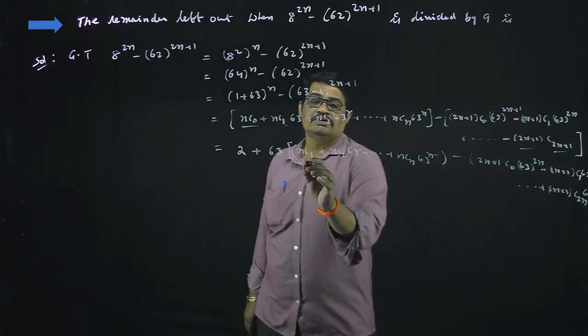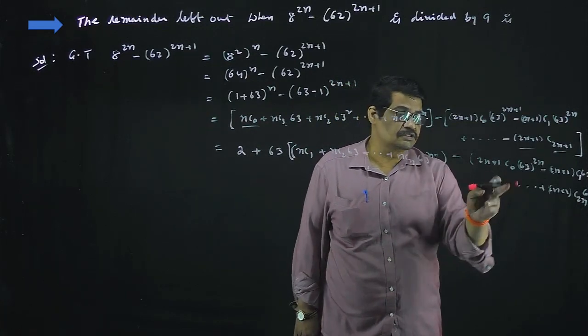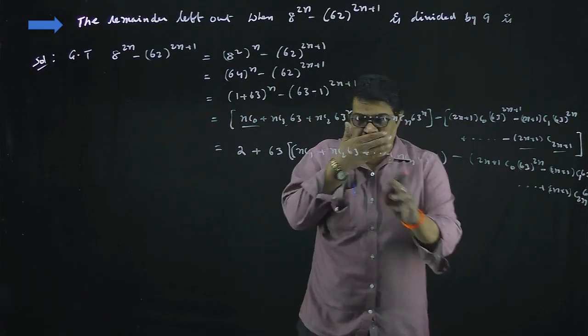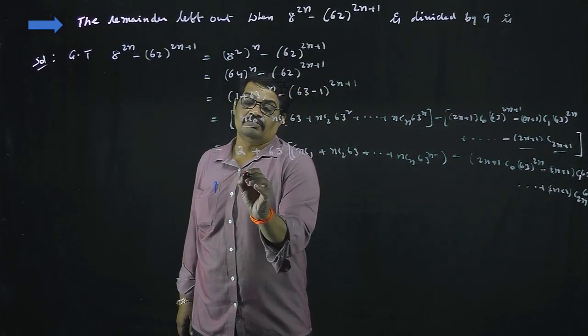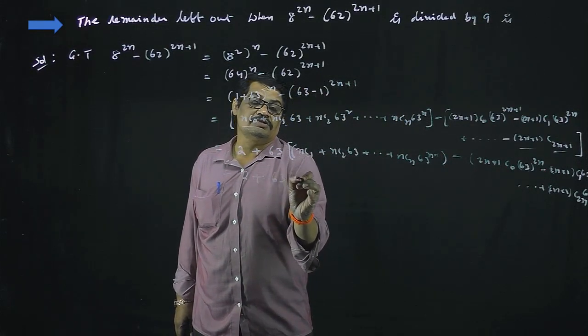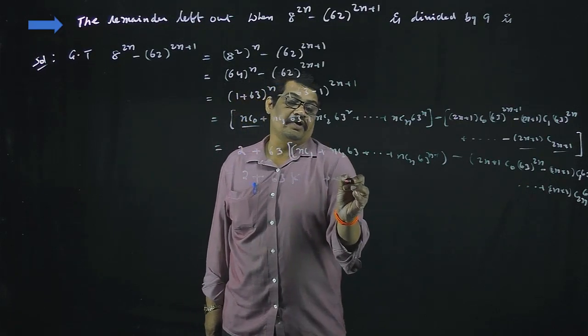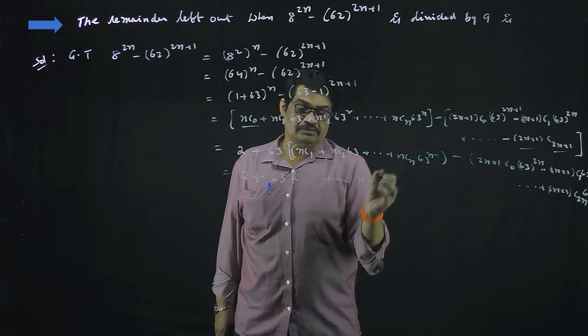Okay, so this is the sum of all binomial coefficient products on integers. This is some integer. Now this can be written as 2 plus 63 into some integer k, where k is some integer.